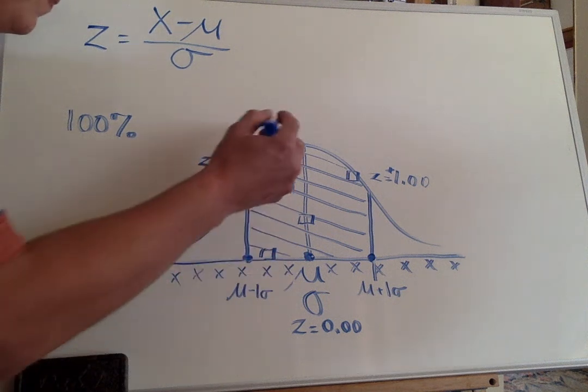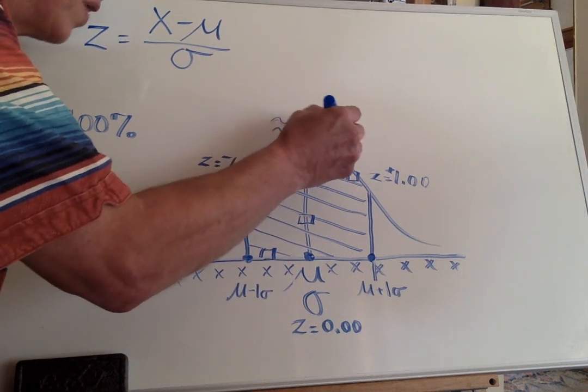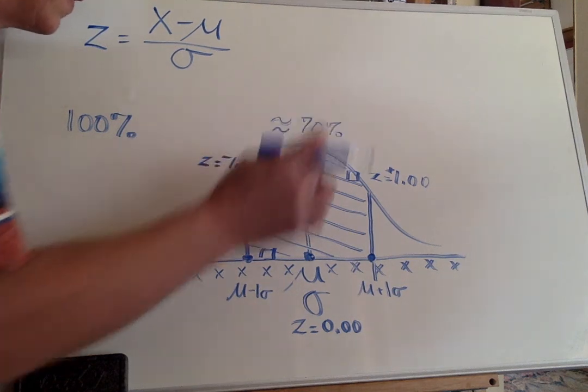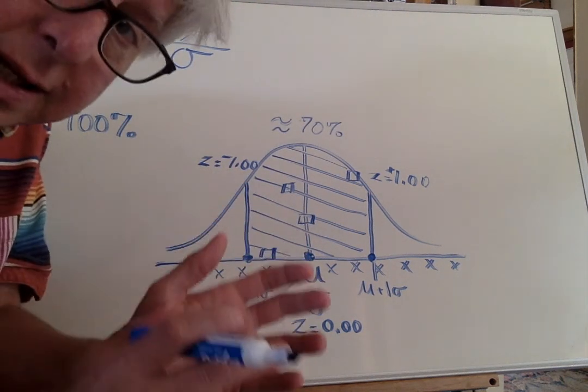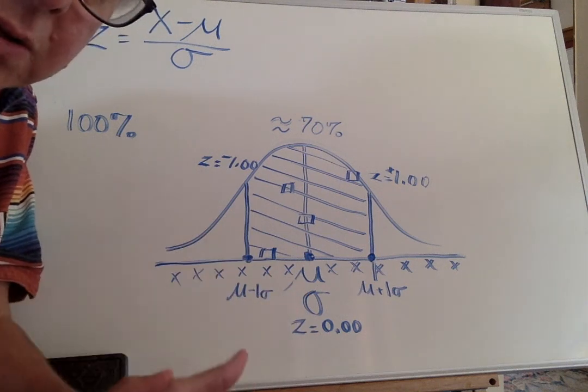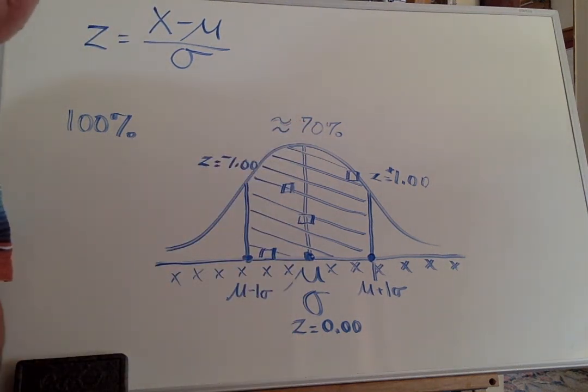But I'm going to tell you, it's about 70%. Okay? It's about 70%. That is, for any normal distribution, about 70% of the population falls within a standard deviation of the mean.